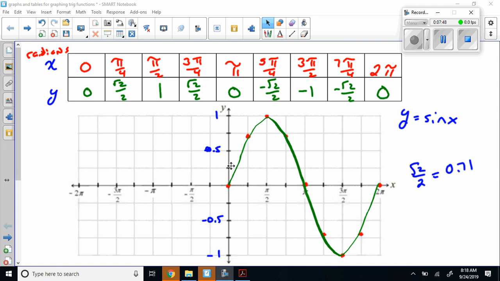Where have you seen this? Where have y'all seen this? No one's seen this shape? Ever?